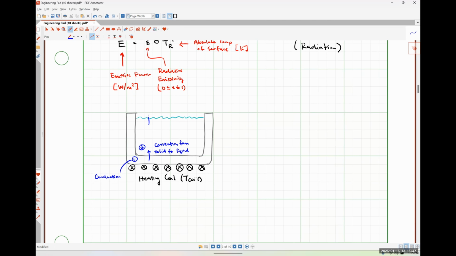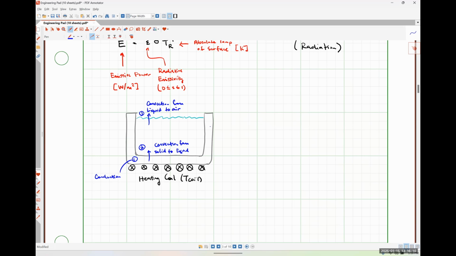I'm also going to have convection from liquid to air. So once again, I have a surface and then I have a fluid, because air is just as much of a fluid as the water is. So I've got convection there.